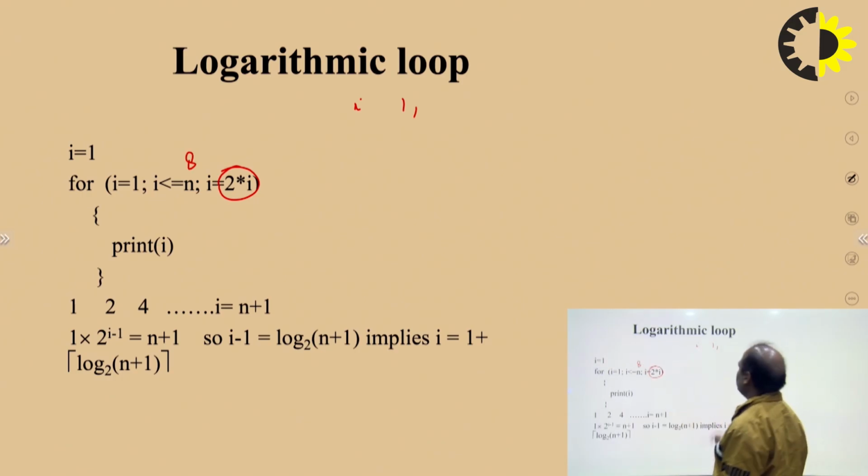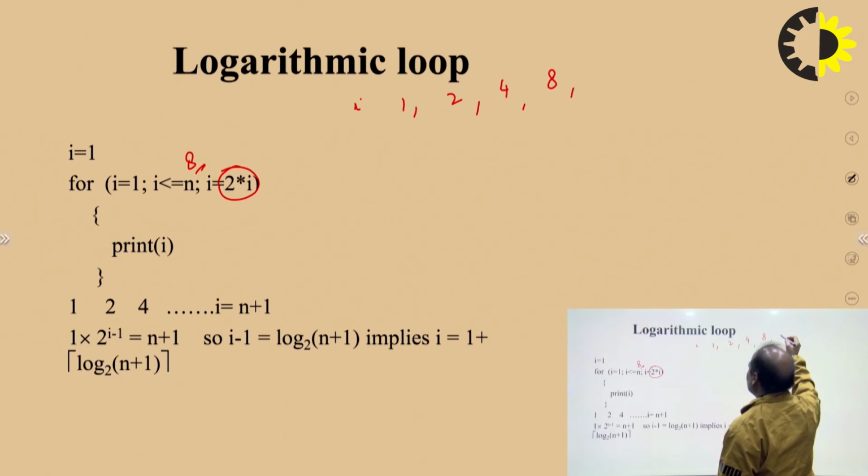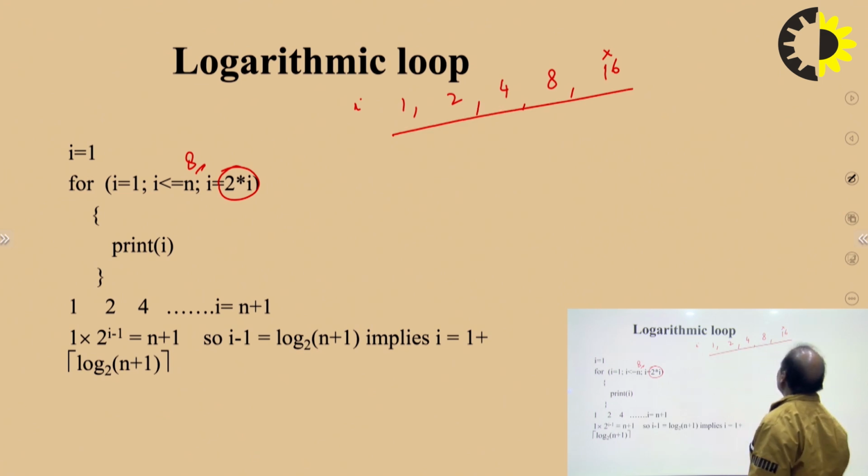So i will be 2, then i will be 4, and then i will be 8. Up to 8 we are going to have a run. Then for the next one, i equal to 16, it will fail, but of course the loop will run 5 times. So what is the progression?